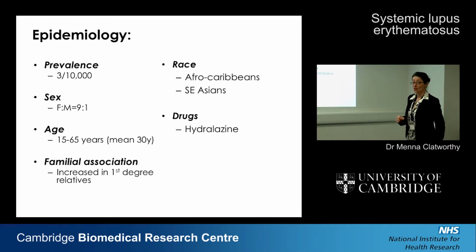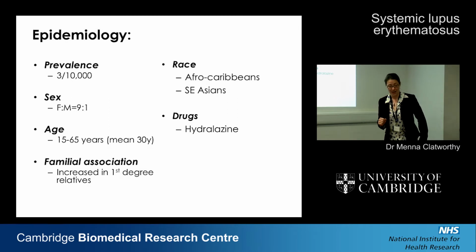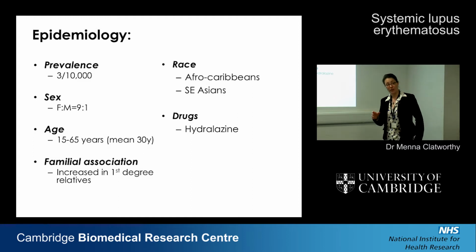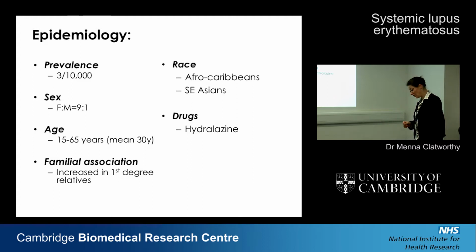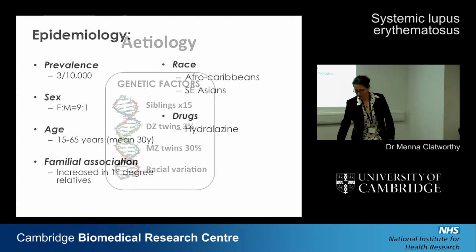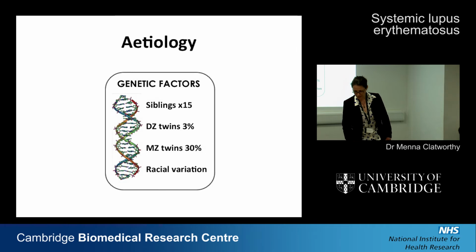We also know that certain environmental factors, certain drugs, can induce a lupus-like disease, and that's been interesting to investigate, particularly a drug called hydralazine. And then finally, although in our patient there was no family history, it has been shown that there is a familial association in that patients who have lupus are more likely to have a first-degree relative with lupus, or significantly a first-degree relative with some other autoimmune disease.